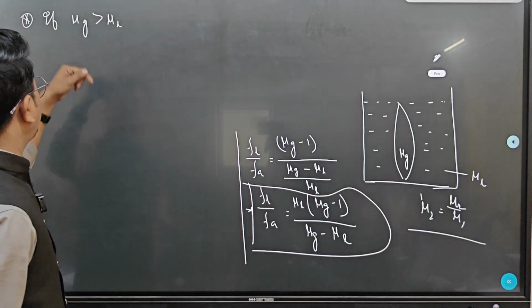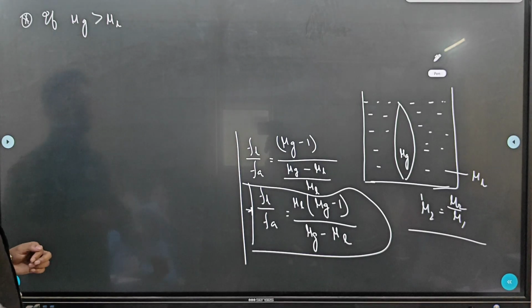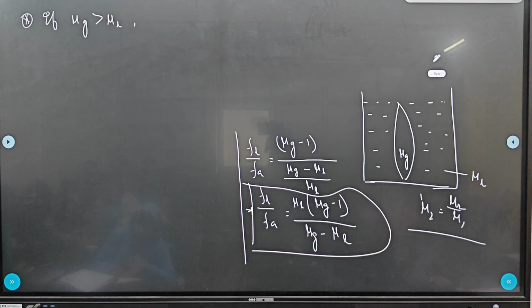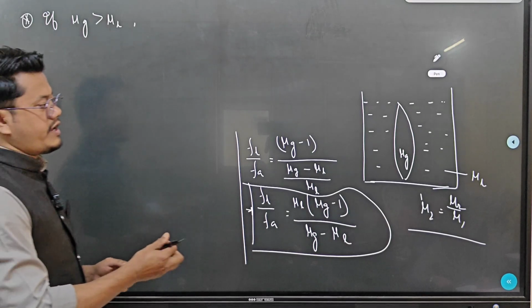You please note it down. If μg greater than μl, then both Fl and Fa will be having the same sign. And mathematically, what will we be getting here?